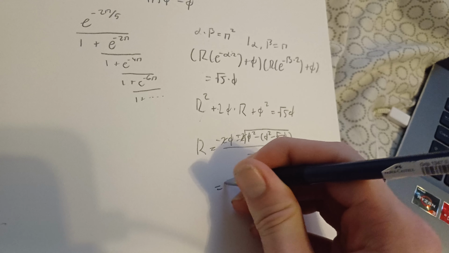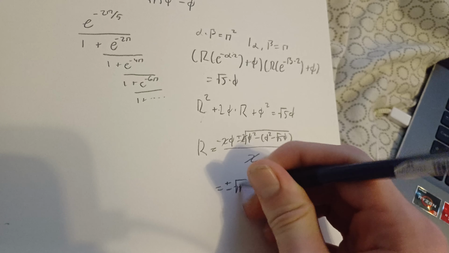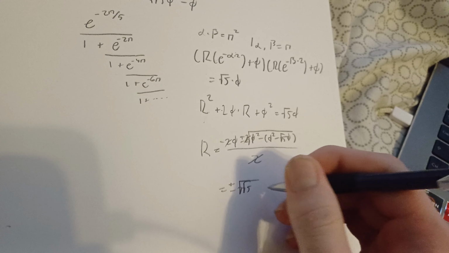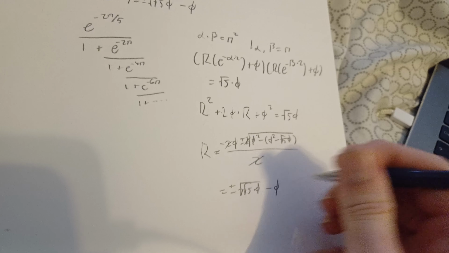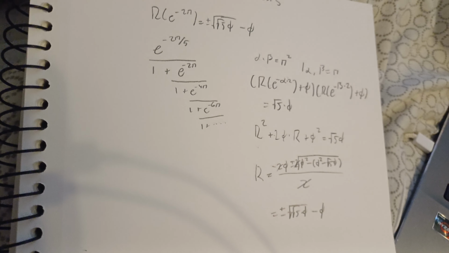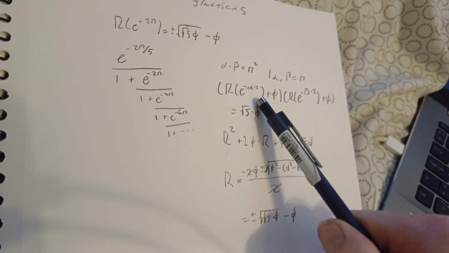So the result is plus or minus square root of 5 times the golden ratio minus the golden ratio. And we got this result from this equation.